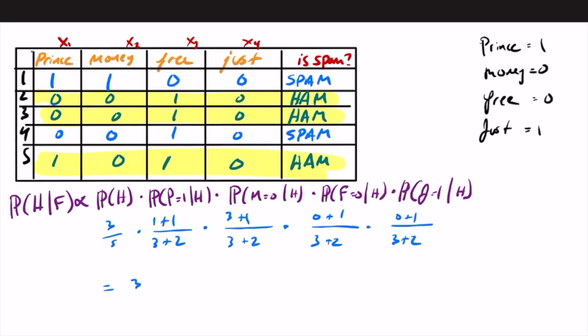It's going to equal 3/5 times 2/5 times 4/5 times 1/5 times 1/5, which is going to equal 24 over 5 to the 5th, which is a large number, something 3,000 and something.